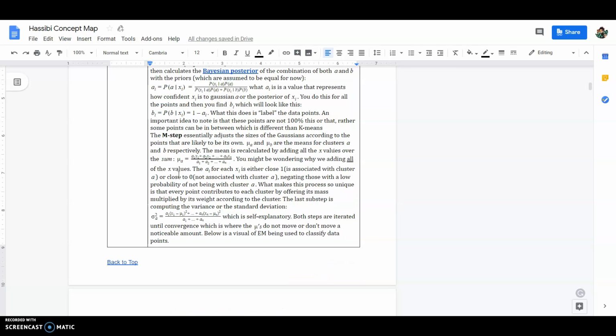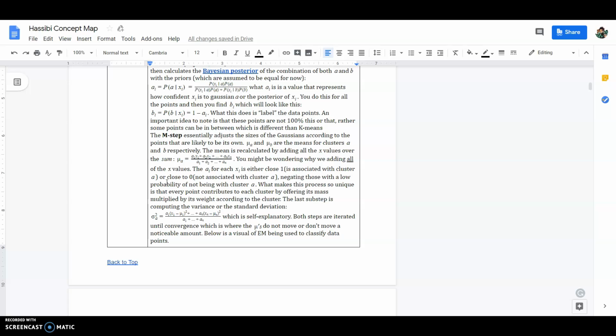And so the next step is the maximization step, which essentially just adjusts the size of the Gaussians according to the points that are likely to be its own, which means at its mean value as well as its standard deviation value.